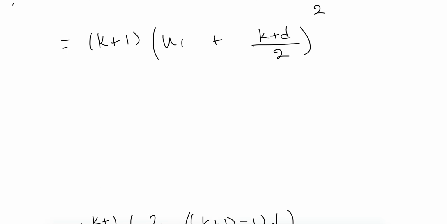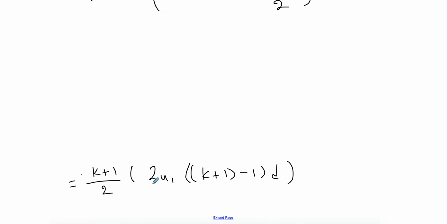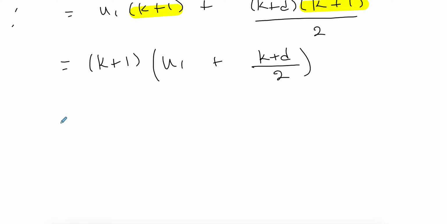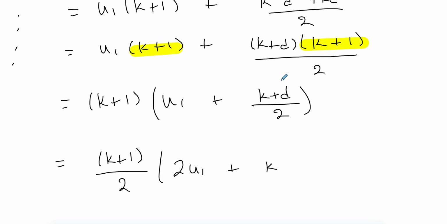So obviously not too close to here, we still have a factor of 2 out. So if I take a factor of 1 over 2 out, then I'll have to multiply this by 2. And then this will stay as k plus d.